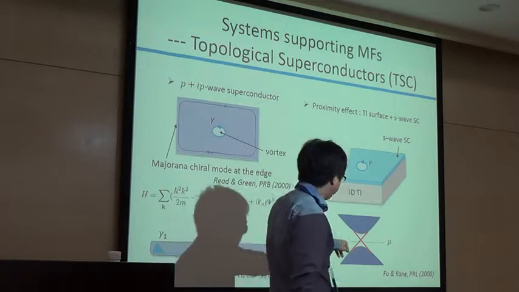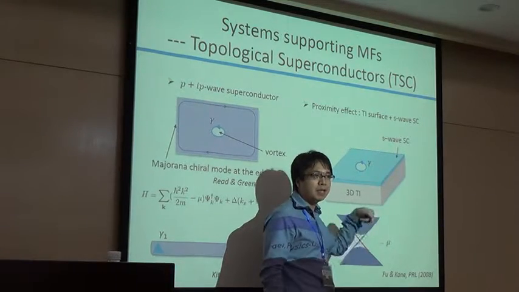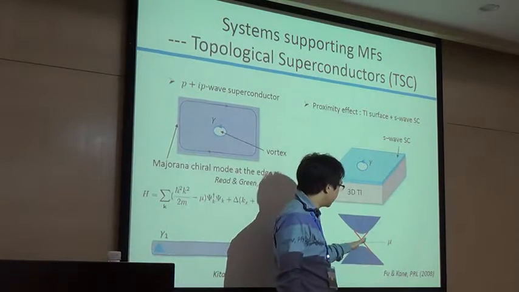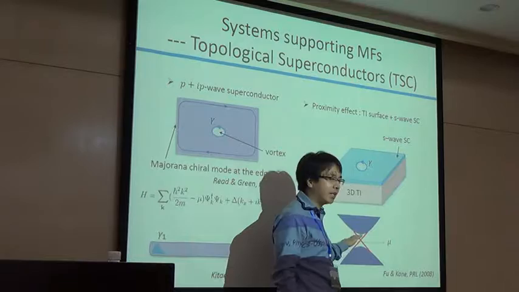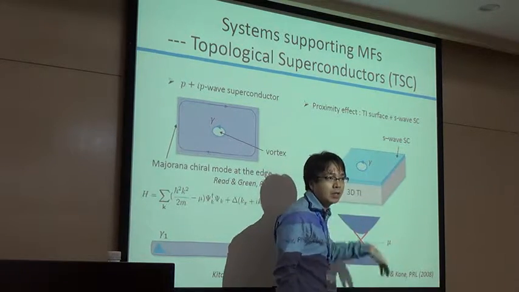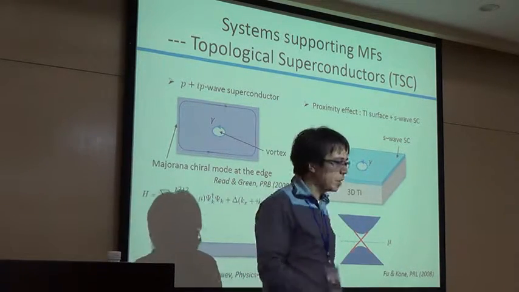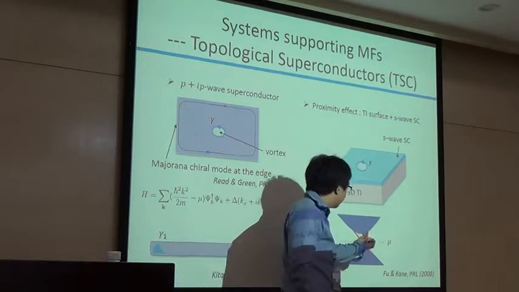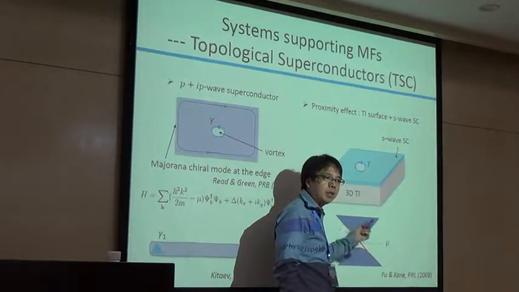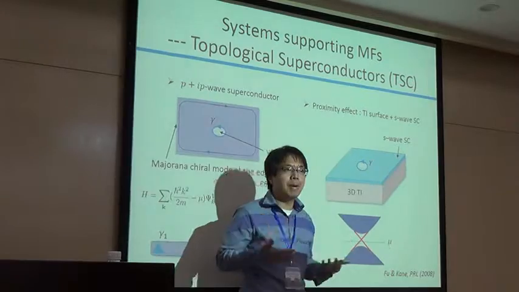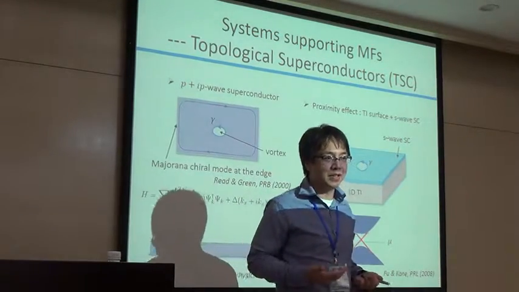At each k point, you have both spin up and spin down. It's degenerate. But for this material, it's non-degenerate. It happens only at the surface. Now, this is spin up and spin down. So it's actually compatible with superconductivity.